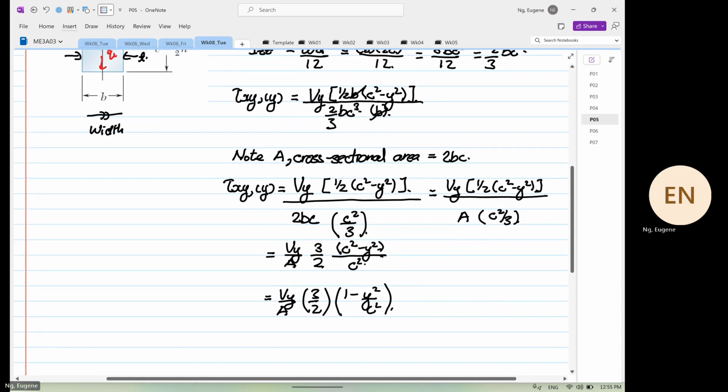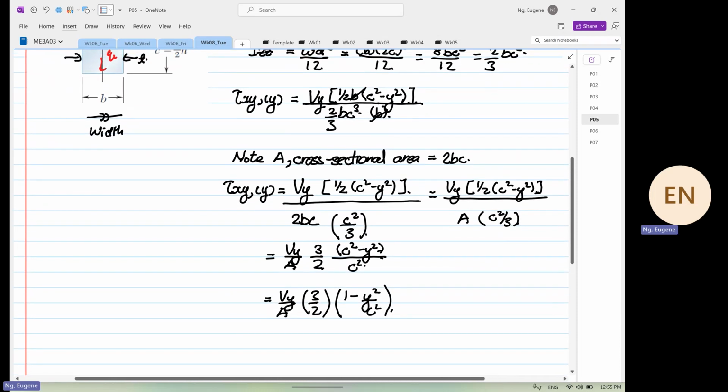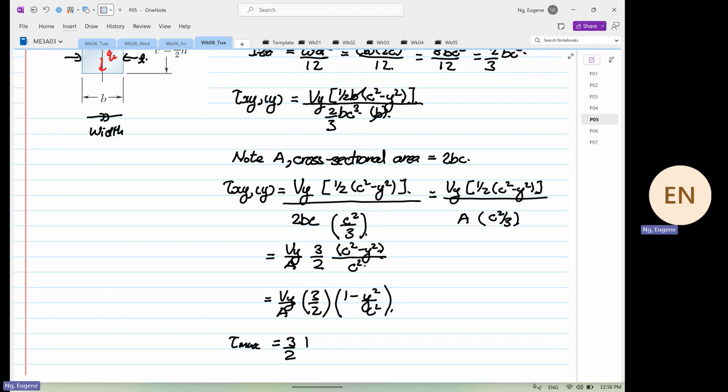From here, we know that the tau max will be equal to 3 over 2 Vy over A. And this will occur when Y is equal to 0.